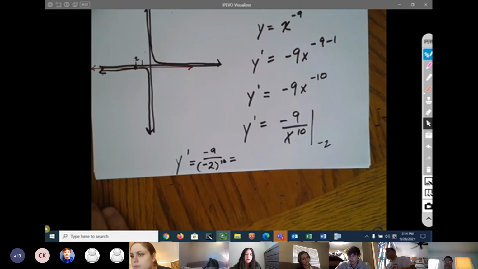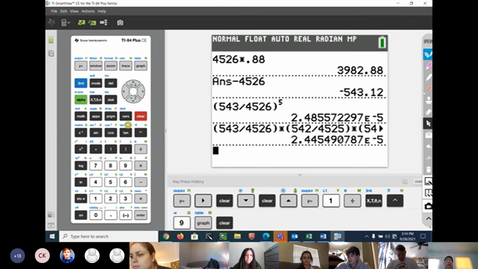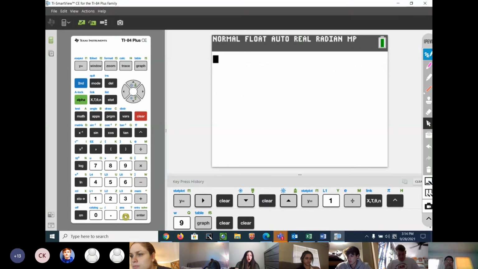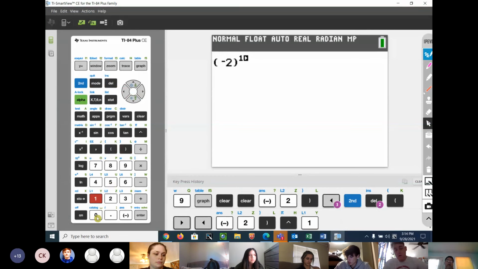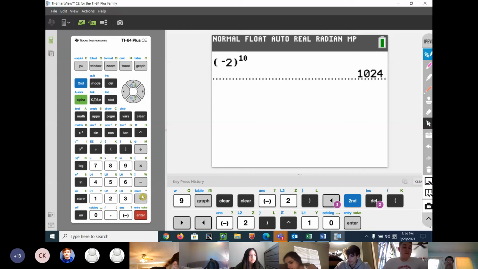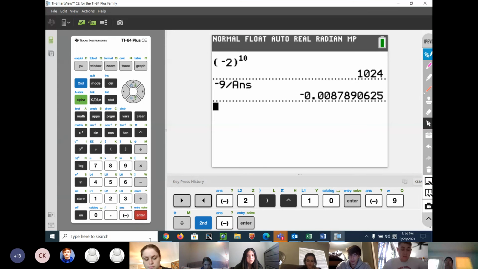I have no idea, so we're going to take our handy dandy calculator and do negative 2 in parentheses raised to the 10th power, and that's 1,024, and negative 9 divided by that answer, 0.009.